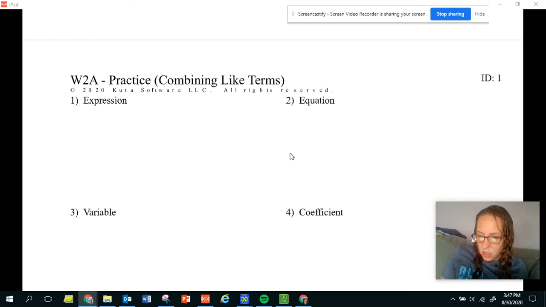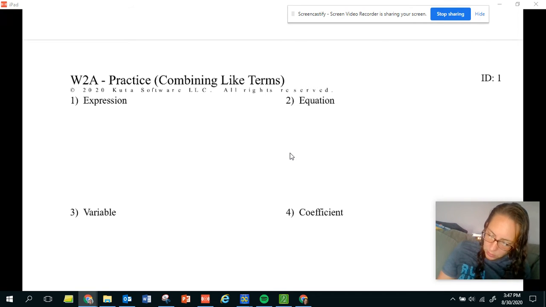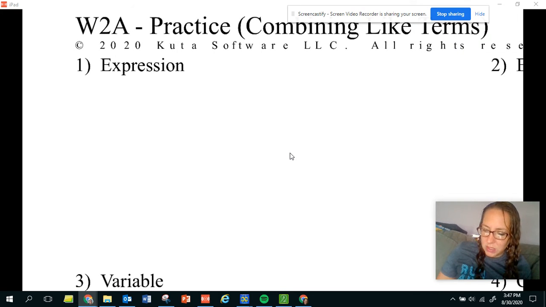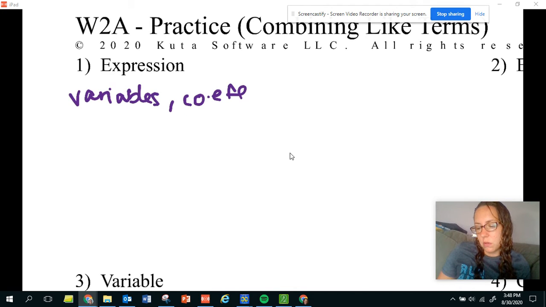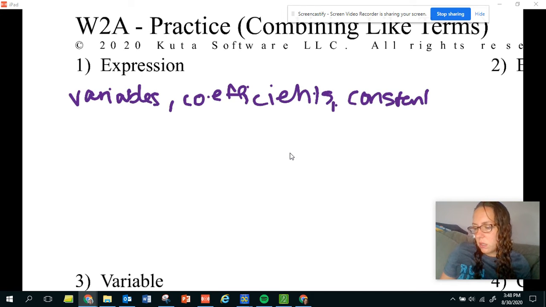An expression is basically a combination of variables, coefficients, and constants linked together in some way, shape, or form. Basically, the big thing you want to know the difference between is that an expression has no equal sign.